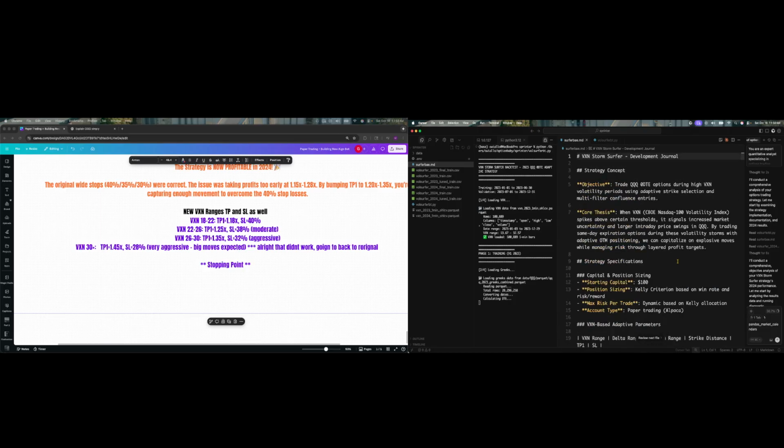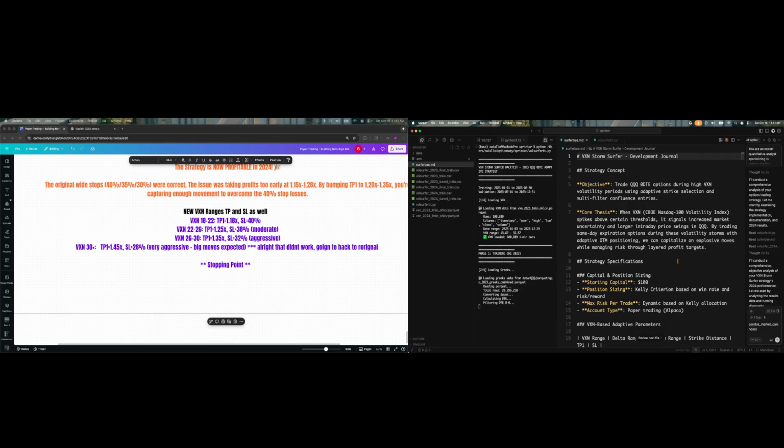And remember, for every strategy we create a journal, and it tells you the objective, the core thesis, so on and so forth, and what we're doing with the strategy. I found this to be a lot more beneficial, so we can keep track of what's going on and how we can adjust it without overfitting, introducing bias, or only fitting it for one particular regime, right?